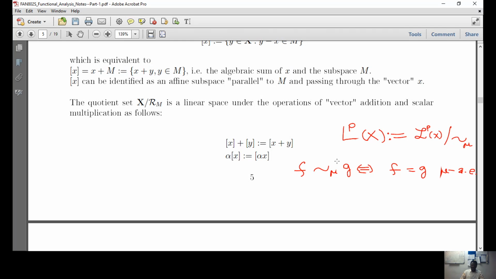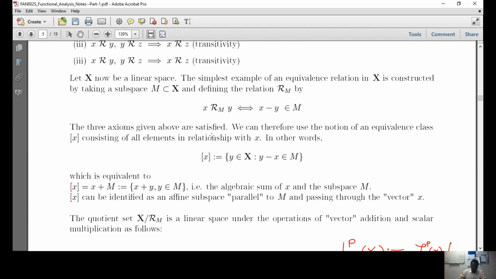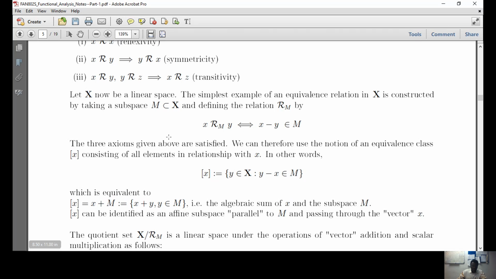It's an equivalence relation. So if we take this factor space, that's what we call the L^p space. It's exactly the same way. Here you have a space, and this is a factor space where R is an equivalence relation. And you can see through this example what a factor space is.